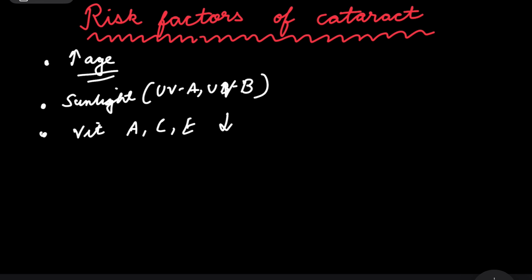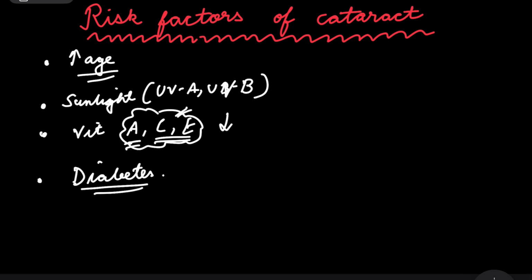The most important antioxidants, or rather a few of the most important antioxidants, are vitamins C and E. Vitamin A is also an antioxidant, but is not present in the lens. Anyways, the deficiency of these antioxidants means that the lens will not be able to function properly, and hence cataract may develop. Fourthly, and we'll see to this in a lot more detail, diabetes mellitus.